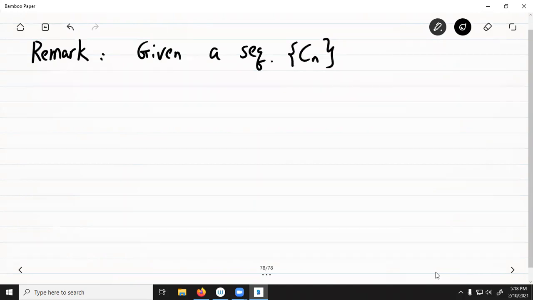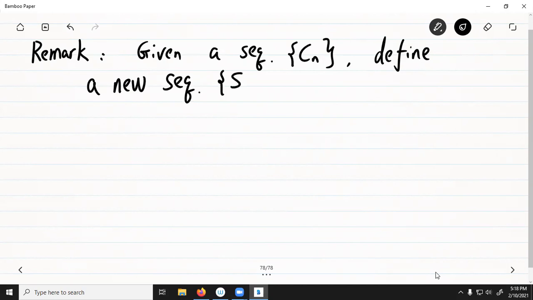We can define a new sequence using the way we just described in the example, denoted by S sub n, where S sub n is equal to the summation of the first n terms, k from 1 to n, in the given sequence.